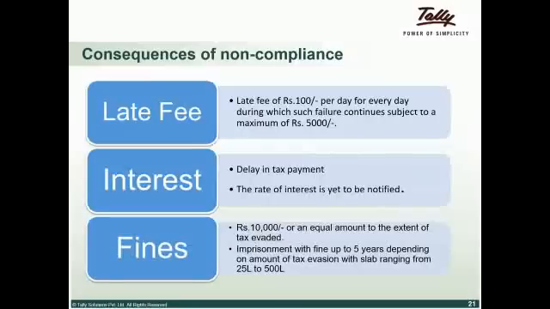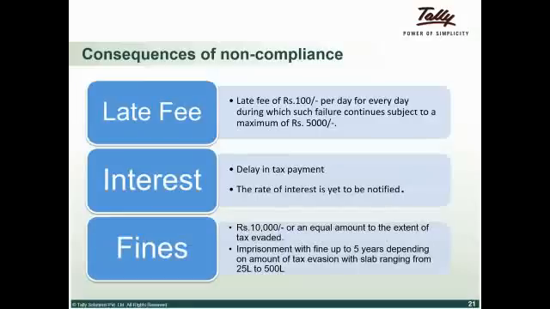Consequences of non-compliance: there is a late fee of 100 rupees per day for every day during which such failure continues, subject to a maximum of 5,000 rupees. Interest: for delayed tax payment there is an interest, and the rate of interest is not yet notified.